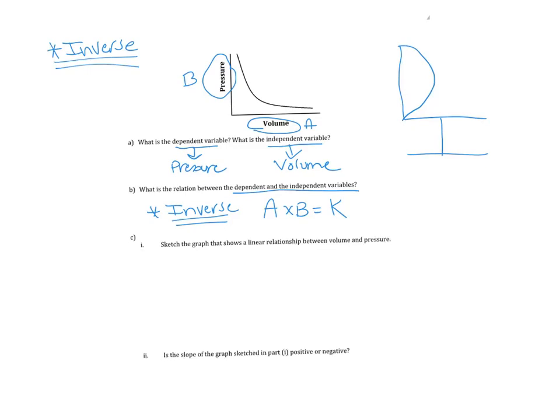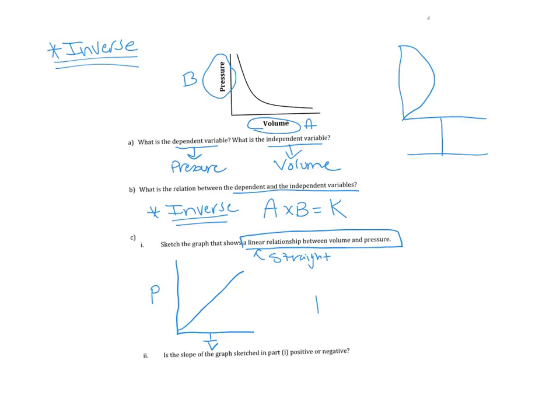Question C. Sketch the graph that shows the linear relationship between volume and pressure. The word linear means that they want a straight line. Now, volume and pressure is an inverse relationship. It will not show you a straight line. But they want the graph to be like this. So, if I plot the pressure and 1 over the volume, then I can get a straight line.